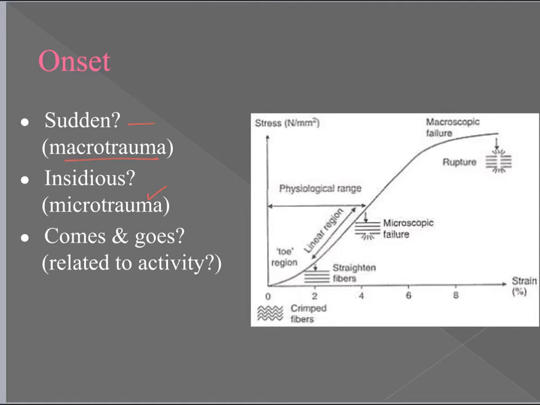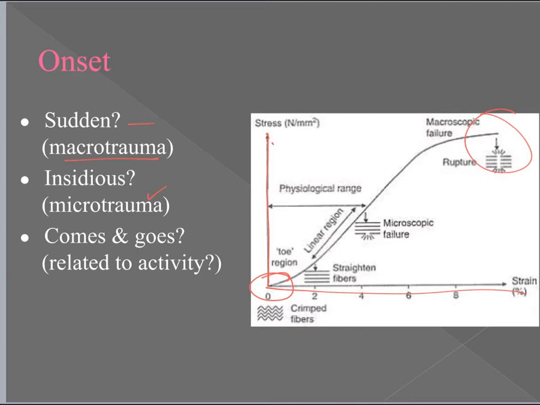And we can go back to Wolff's Law or the SAID principle, right? This idea that the amount of stress and the amount of strain is hugely important, right? Again, if we don't have a lot of stress or strain, then we have atrophy, right? If we have too much stress or strain, then we have a macroscopic macro trauma injury or a rupture or a strain, right?